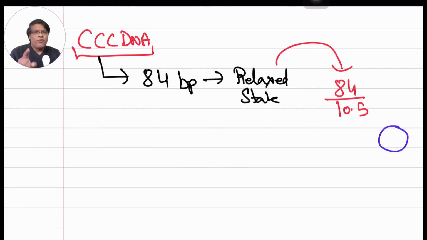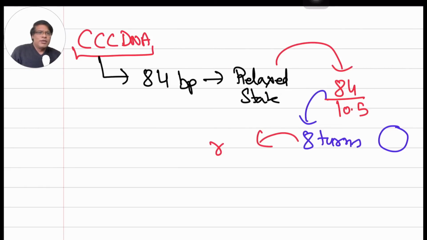So 10.5 base pairs make 1 turn of DNA. Hopefully you remember the structure of DNA. Now, if you have an 84 base pair covalently closed circular DNA, how many turns do you have? 8 turns.